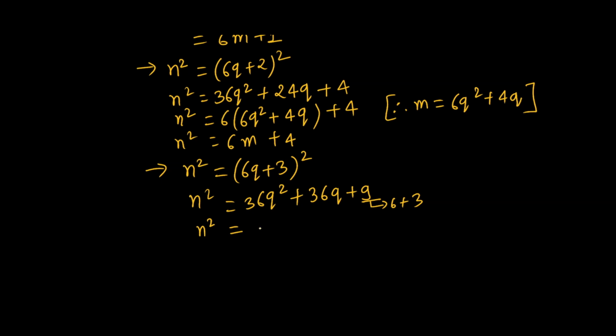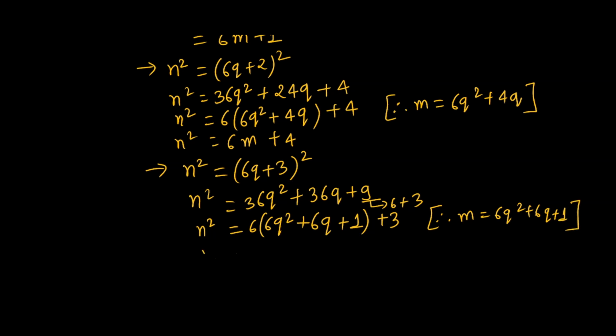So we don't need 2 and 5. So 6 will be common, 6q square plus 6q plus 1, and plus 3. Hence m is equal to 6q square plus 6q plus 1. n square is equal to 6m plus 3.